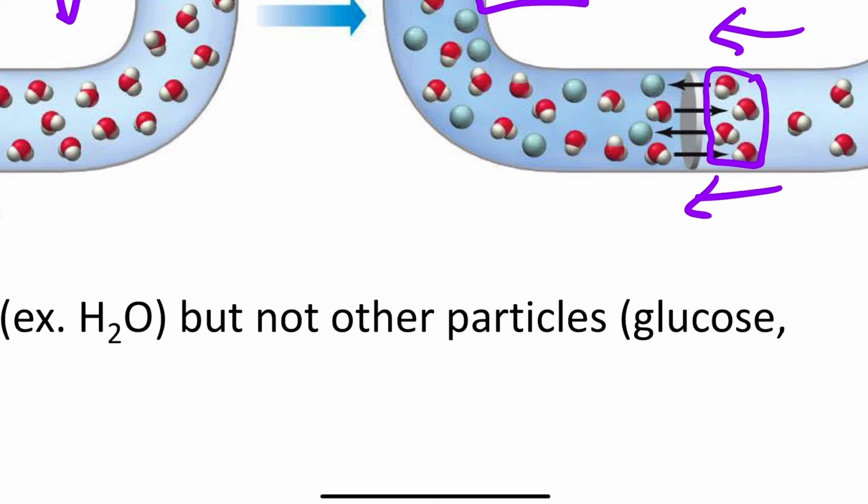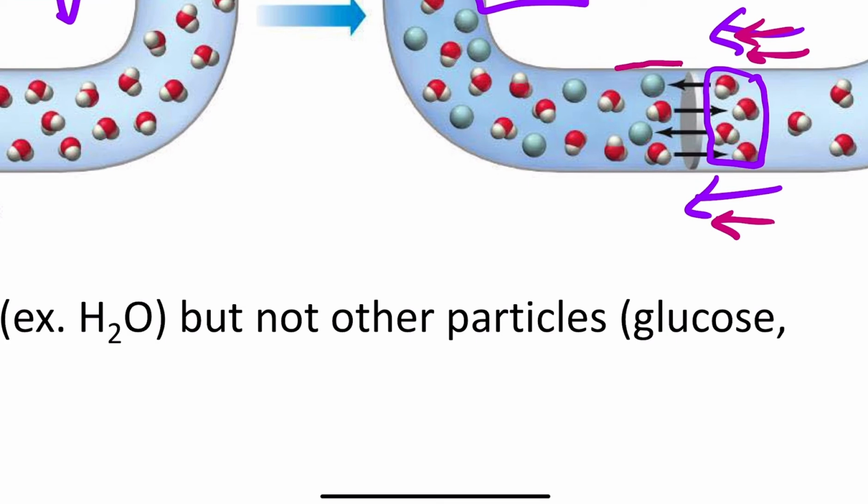If they're going to pass through at an equal rate, meaning water can pass through either way, what's the likelihood of water passing through this way? Pretty high. Water's the only thing there, so the only thing hitting that membrane is a water particle. Therefore, it's likely that the water's going to pass through in that direction.